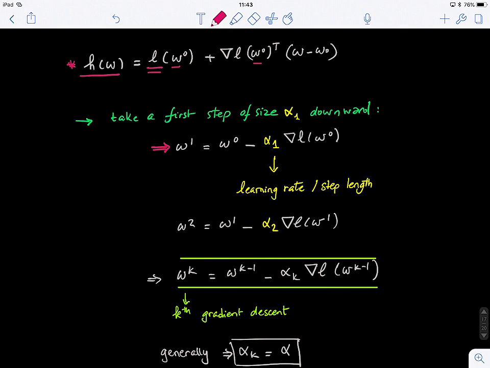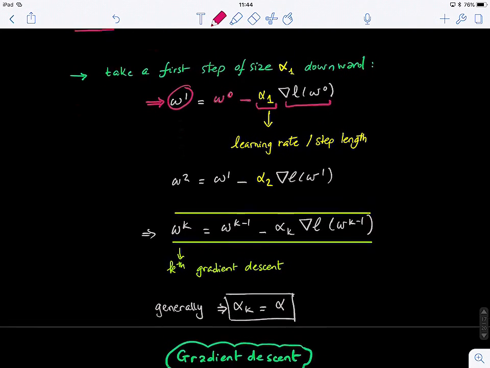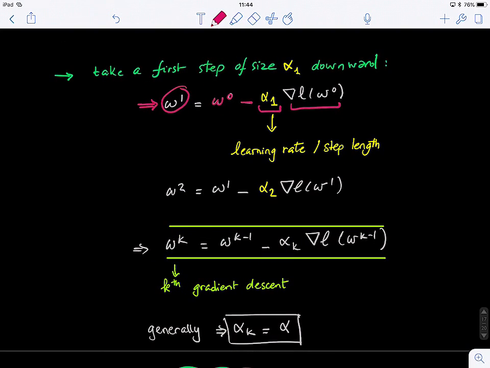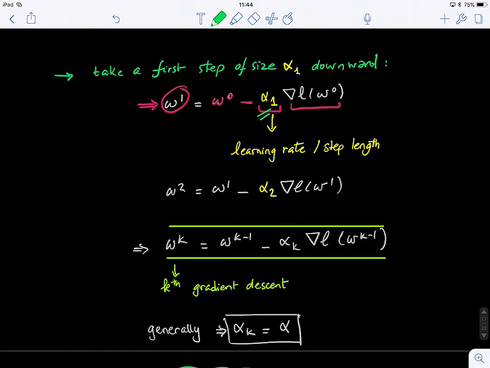It's equal to our initialization minus some step, the length of the step we're taking in the downward direction, multiplied by the gradient. It's the negative of alpha times the gradient. This is how we calculate it, so you should know this by now. And here, you'll notice we have different steps. In the example I've given you, I used exactly the same step length, okay?